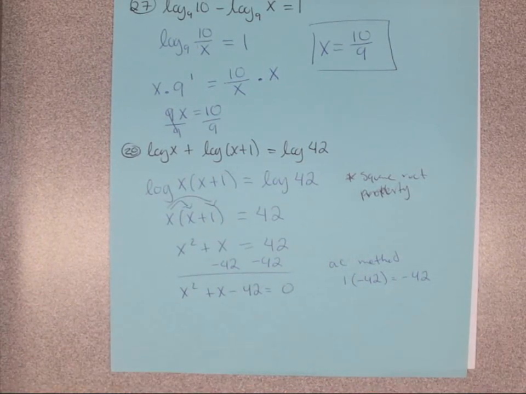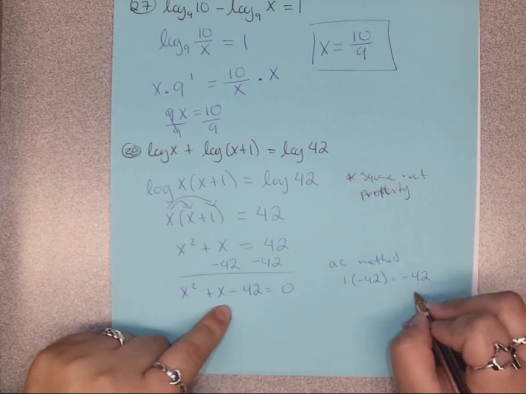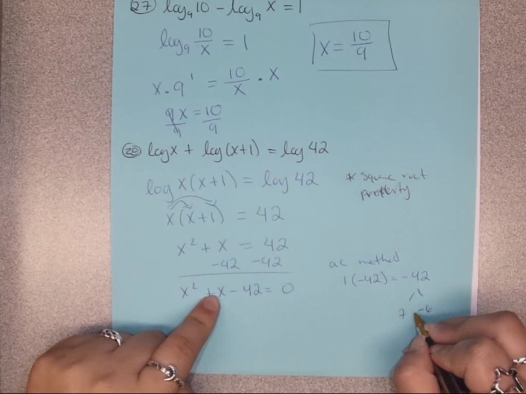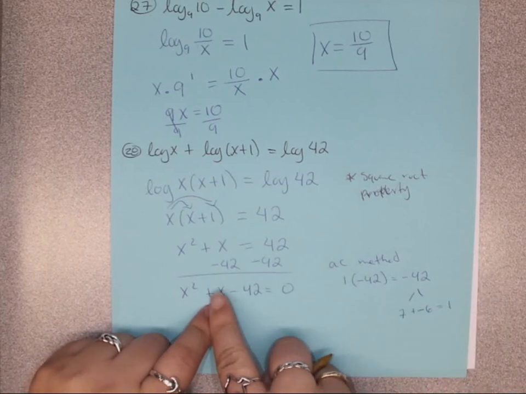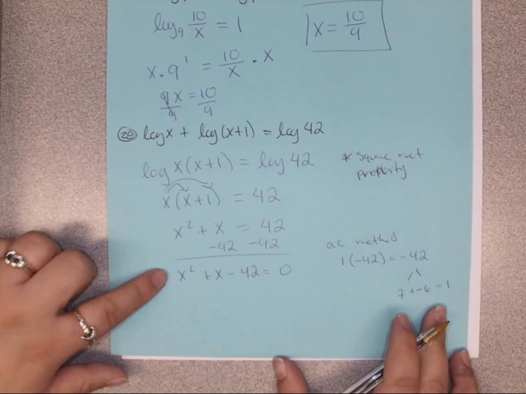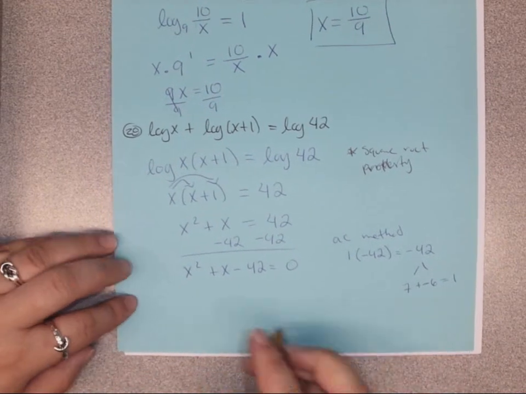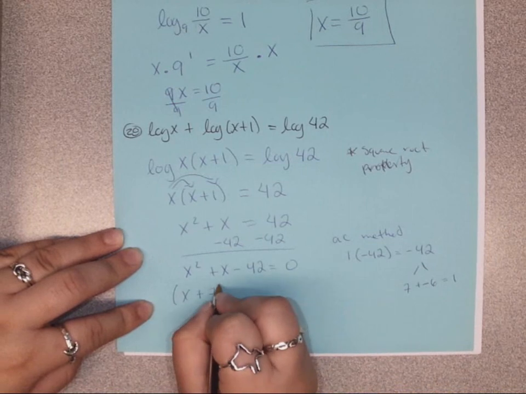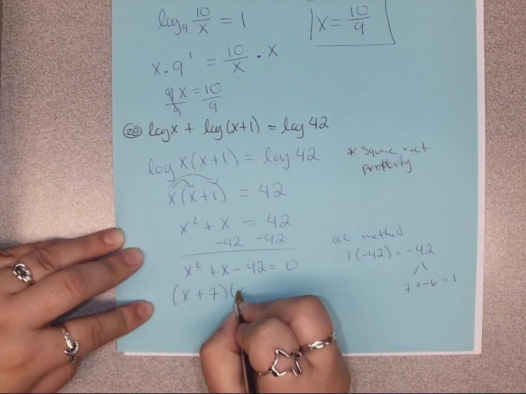We're looking for factors that will add up to 1. So I know factors of 42, 7 and 6. I can make the smaller one negative, and they add up to our b, which is 1. Because our a value is 1, I know I can factor this into x plus 7 and x minus 6.